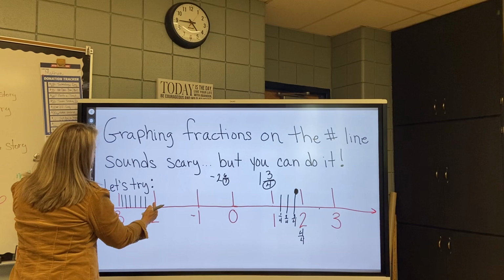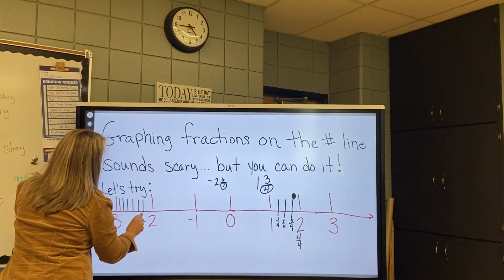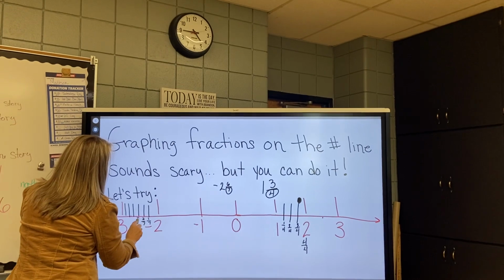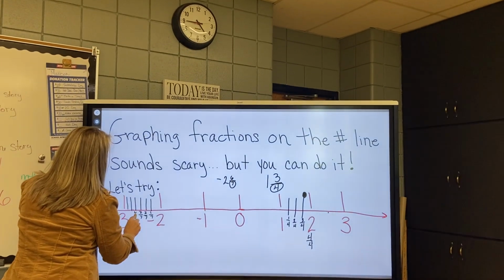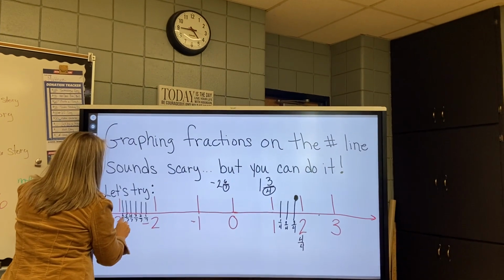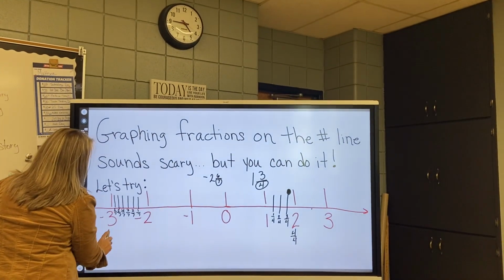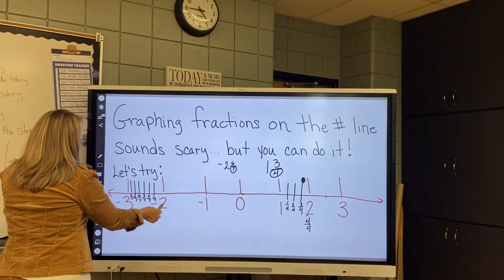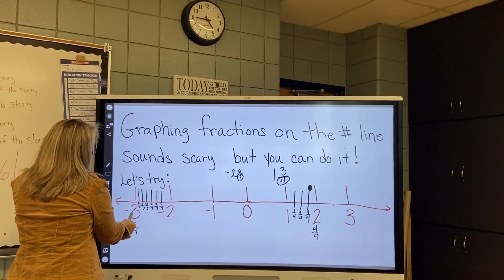I go to the -2 and I have 1/7, 2/7, 3/7, 4/7, 5/7, 6/7, and then the 3 would be 7/7. That's the same as 1. 2 plus 1 more is 3.